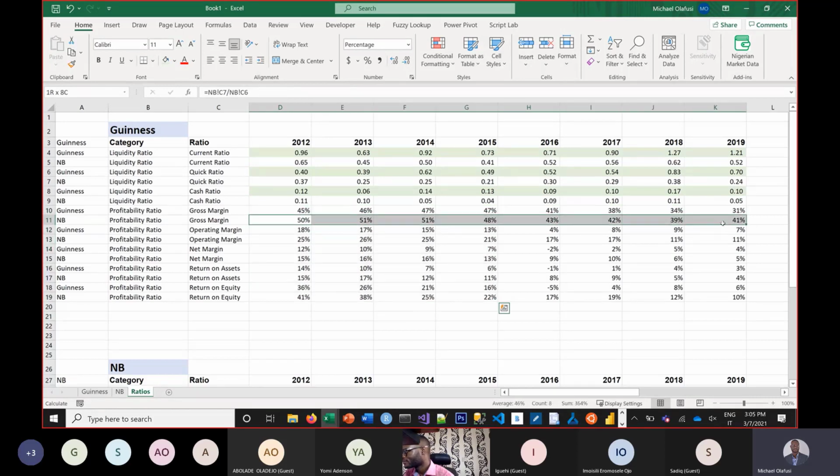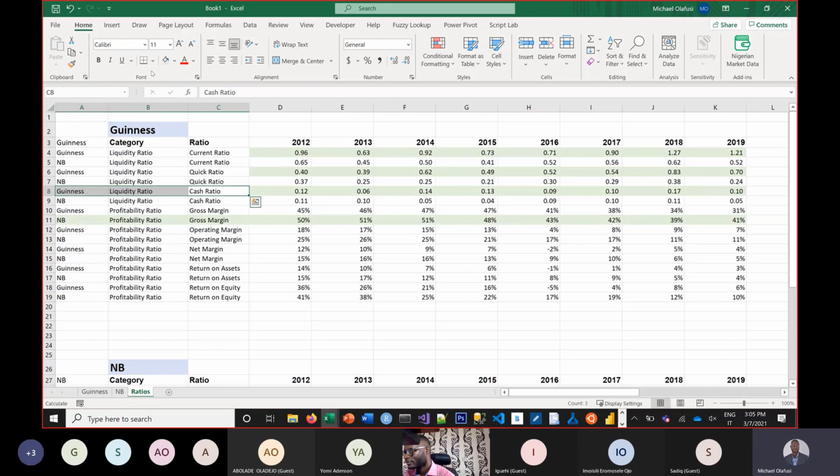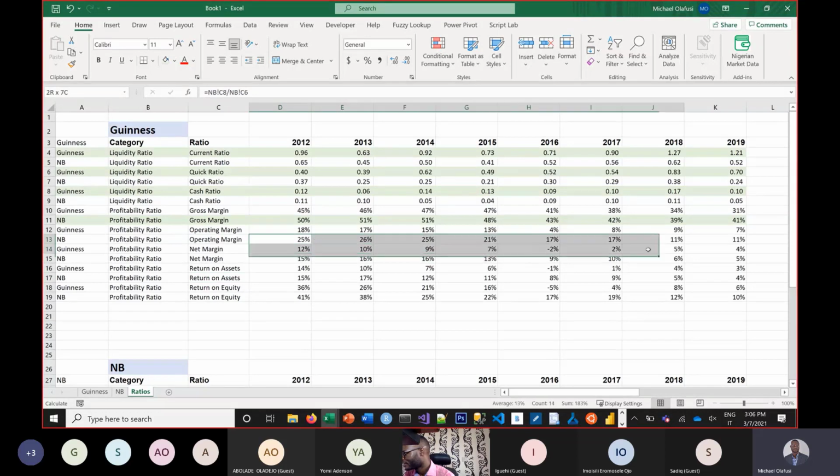Gross margin, I think Nigerian Breweries have it better. For operating profits, let's check.